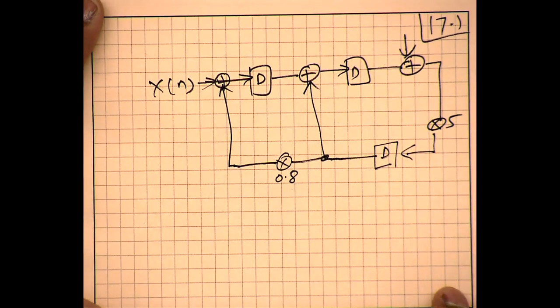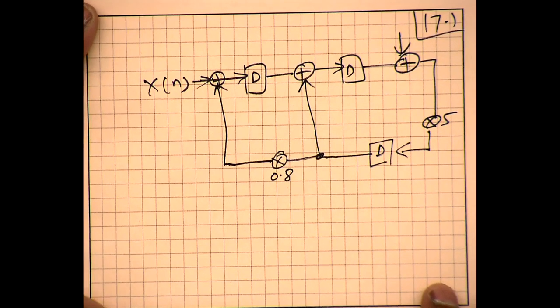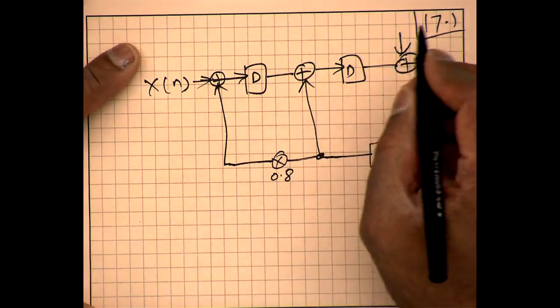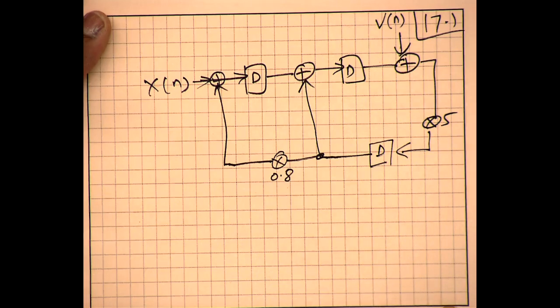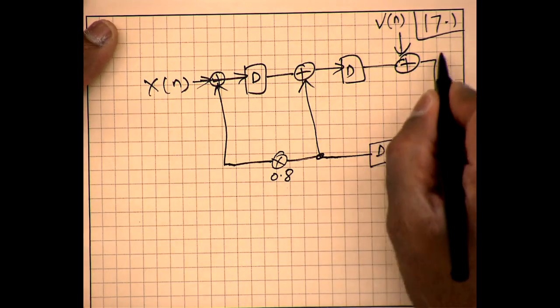Okay, so this is really what we have in this IIR part. Let's call this one Vn. We will find out what Vn is. And this is Yn.